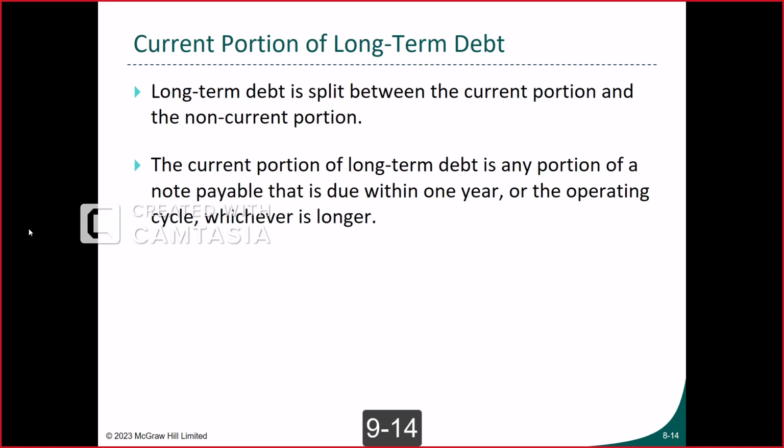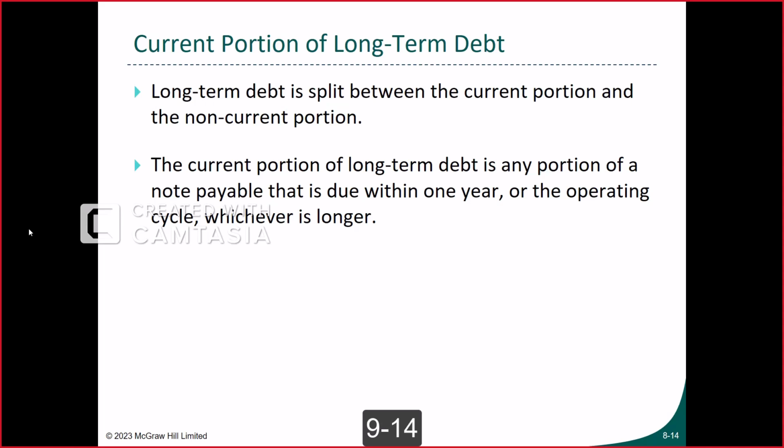I have a loan of $1 million for the next 10 years, and I have to pay $100,000 within the next year. So my balance sheet has to show $900,000 as a long-term liability and $100,000 as a current portion of a long-term liability, which is the portion that is going to be paid within 12 months, within the next year.